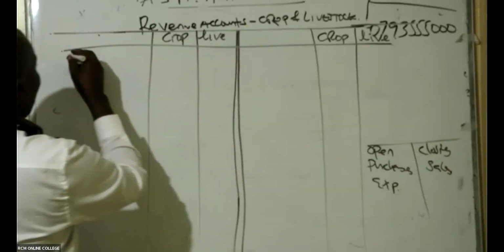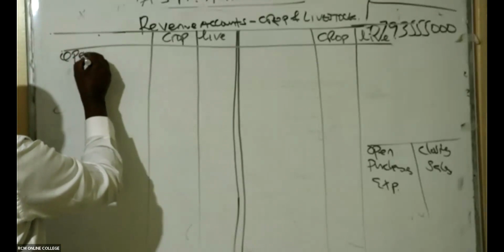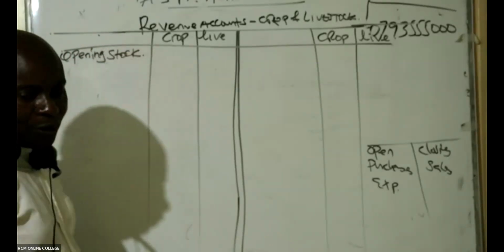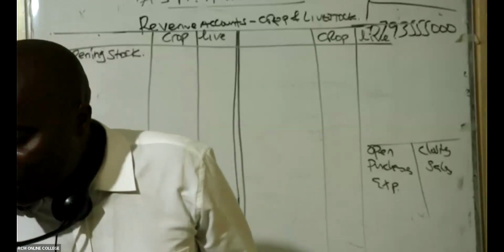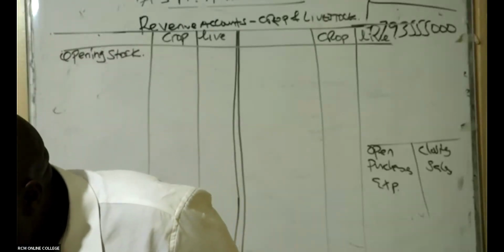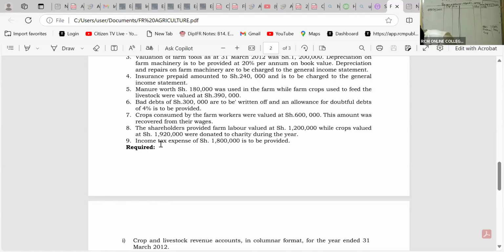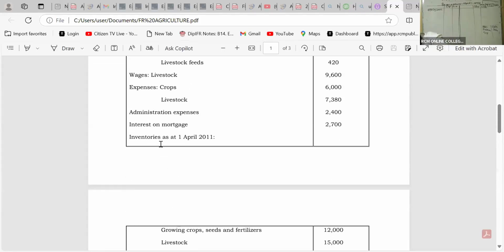So, ladies and gentlemen, please look for opening stock. All of us should be able to look for opening stock in this question. Do we have opening stock? Oh yes. In the trial balance, these are 3 marks. In the trial balance, you'll see inventories as at the beginning, 2011.